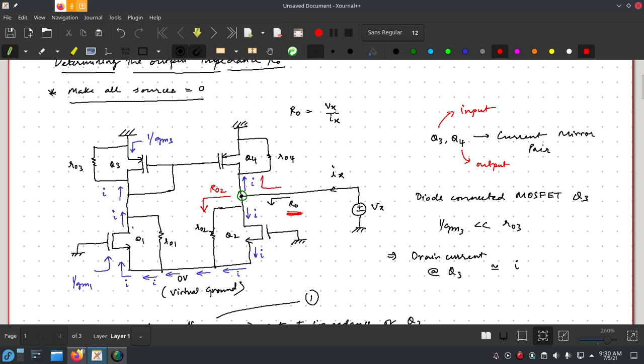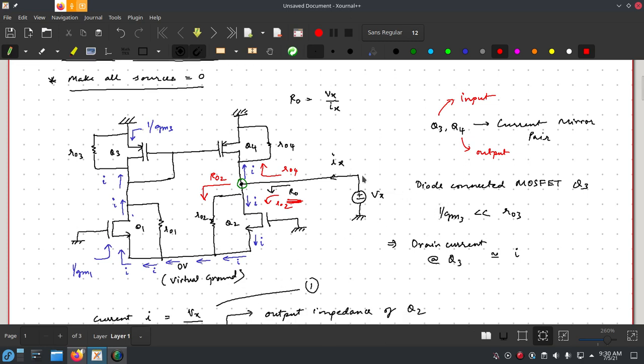In the upward direction I see r04, and in the downward direction I can see r02. Again, that is a very general way of saying this. Seen from this green mark point of view, you can see that these two resistances r02 and r04 are both parallel.